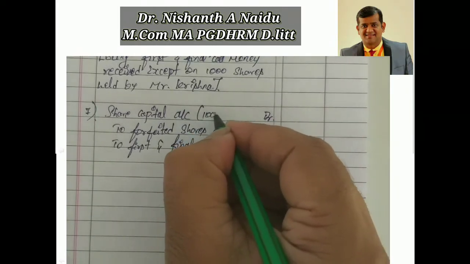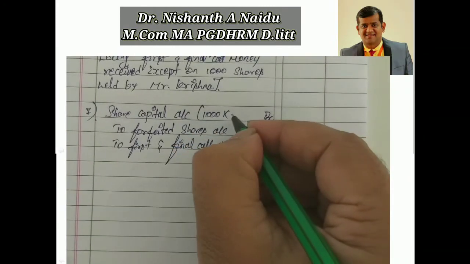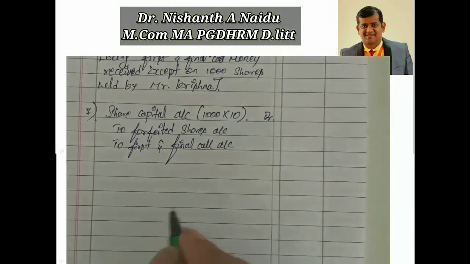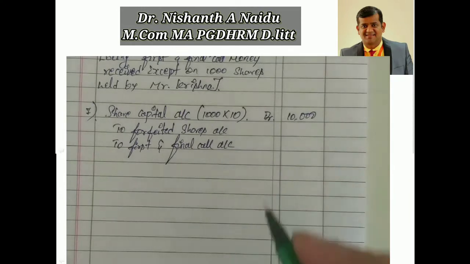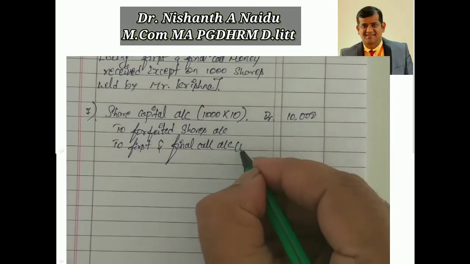So actually what was the number of shares held by Mr. Krishna? 1000. What is the face value of the shares? 10. 1000 into 10 comes to 10,000 rupees. So how much did he pay? We don't know. How much did he not pay? That I know.